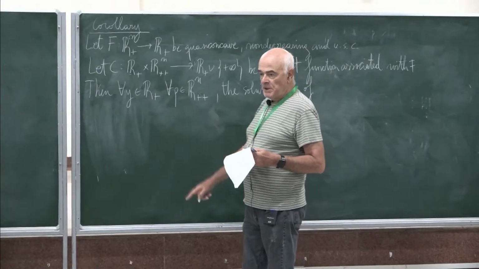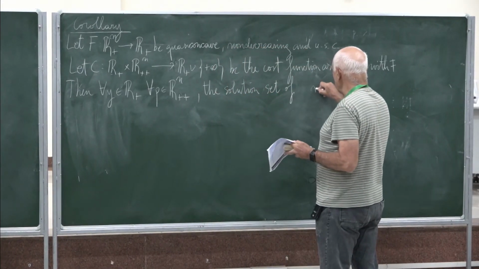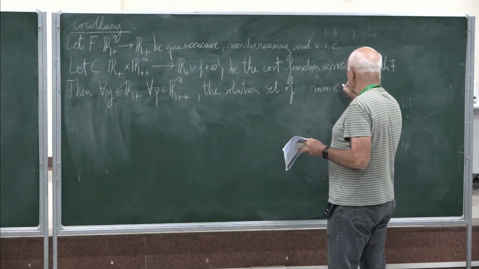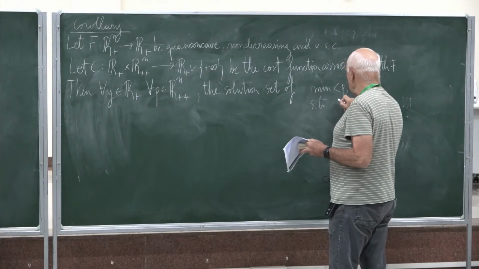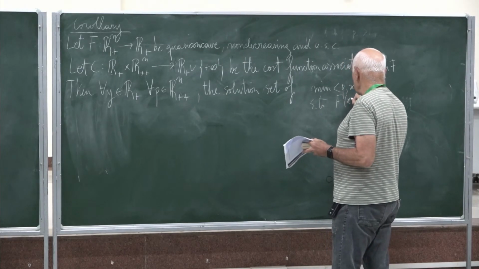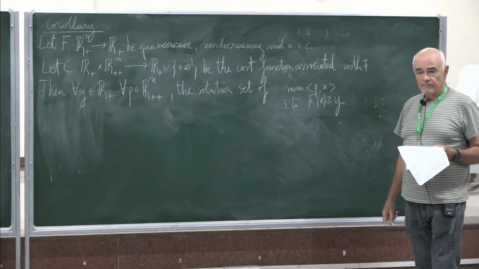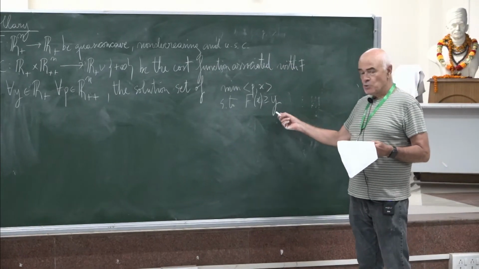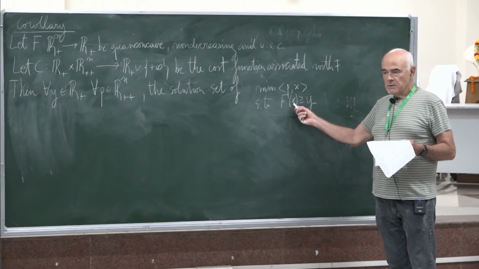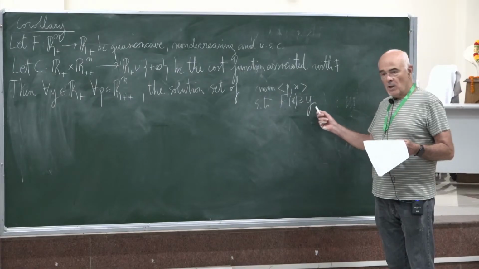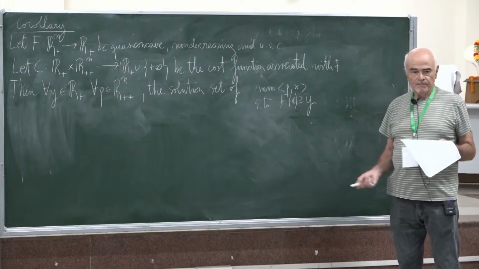corresponding to y and p. So the cost minimization problem is: minimize px subject to f of x greater than or equal to y. Okay, we want to produce y, so we need inputs that produce at least y, and under this constraint we want to minimize the cost.